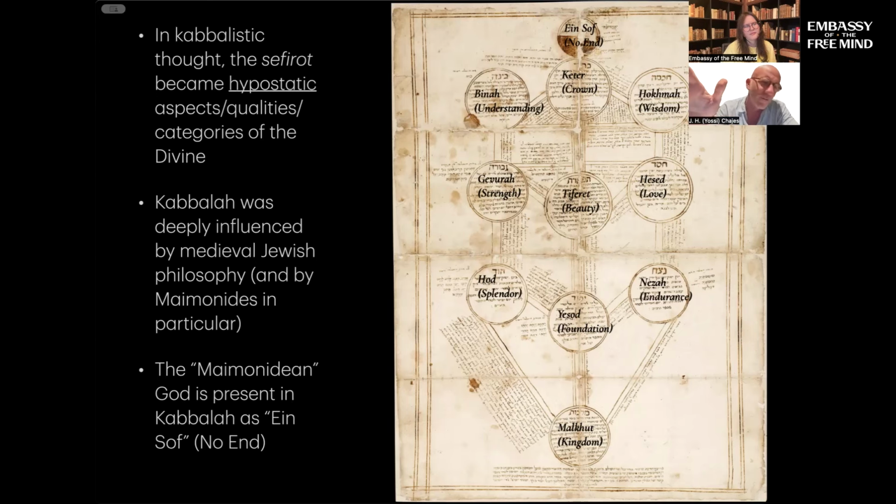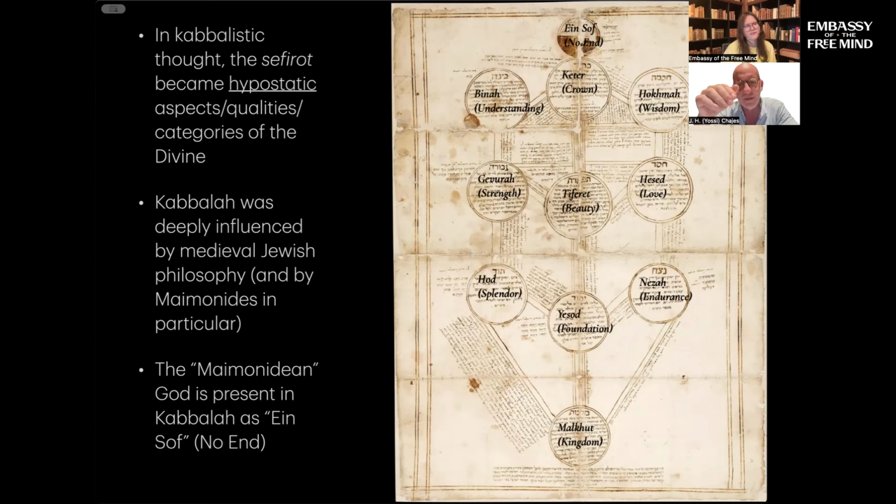They'll say, okay, well, like Maimonides said, God is no thing. In other words, it's apophatic theology. You can't say what God is, you can only say what God isn't.